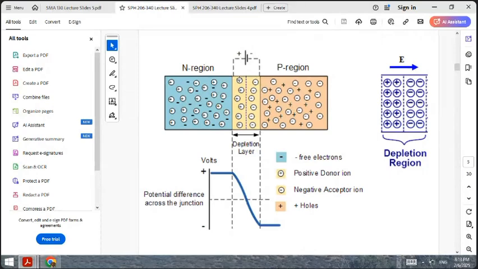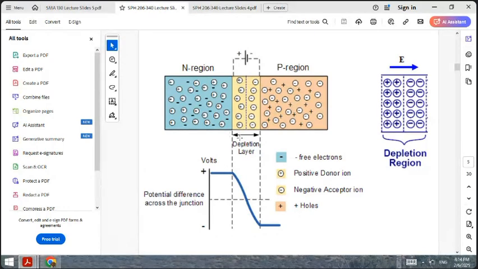And it is now behaving like a capacitor with one side here being positive and this one being negative. So the positive side of the depletion layer has a higher potential. We can show that it has a higher potential, and that makes what we call the potential gradient. So this side, which is negative, has a lower potential.